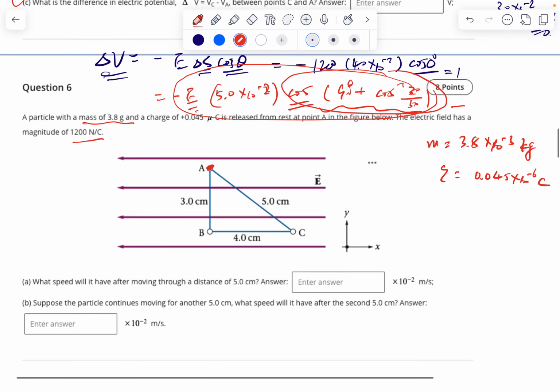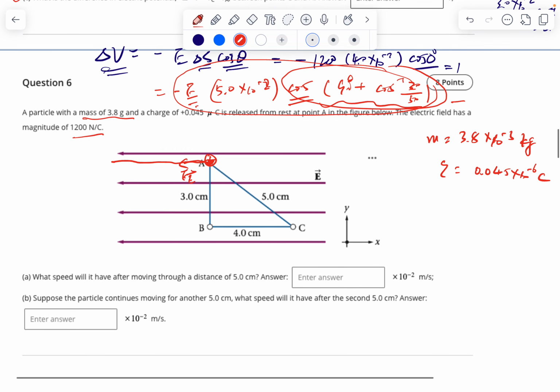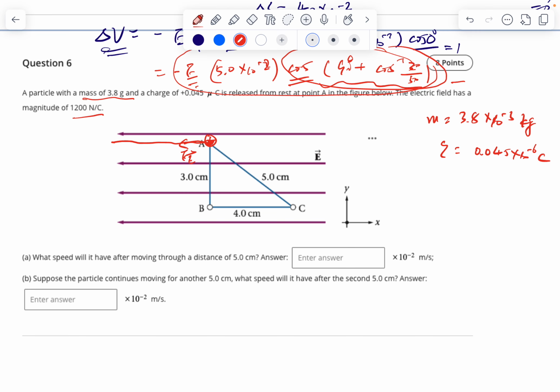All right, so what will happen if we release a positive charge here? The positive charge will move under the drive of the electric force, directly moving somewhere. What speed will it have after moving through a distance of 5.0 centimeters?